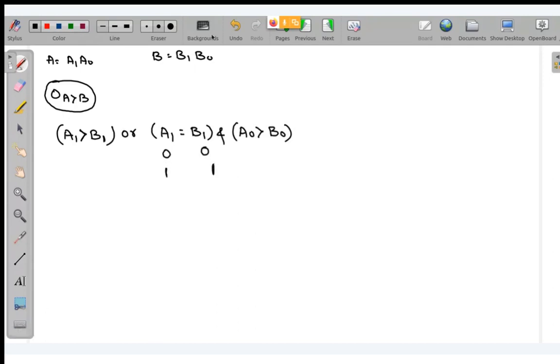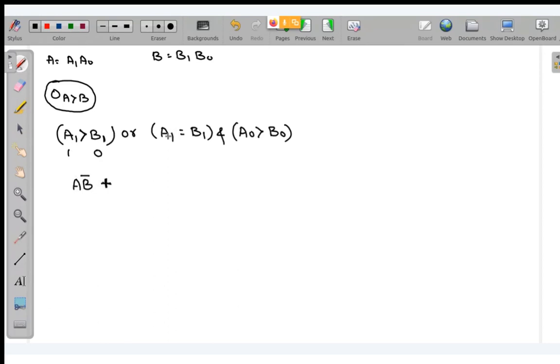So now look how I write this in your Boolean expression. If I want to write A1 greater than B1, A1 will be 1 and B1 will be 0, so this can be written as A1 B1 complement, or corresponds to plus.